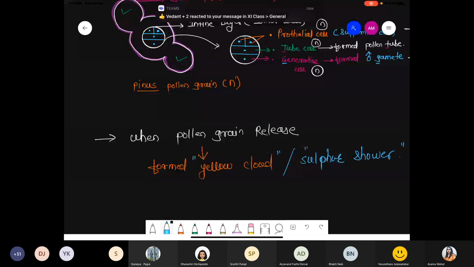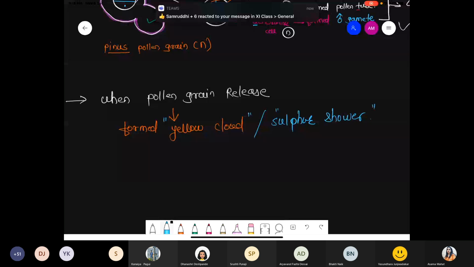And the next point, if you want, you can write down: such pollen grain dispersion is by wind, with the help of the wind.